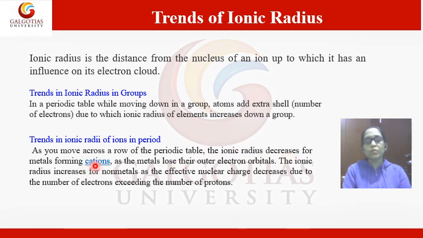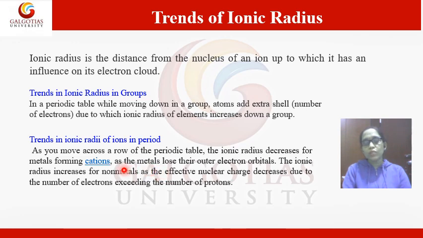We generally know metals form cations. As these metals lose their outermost electron, they form cations. So the number of protons remains the same, but the number of electrons decreases. In the cation, the effective nuclear charge increases. As the effective nuclear charge increases, the ionic radius decreases.